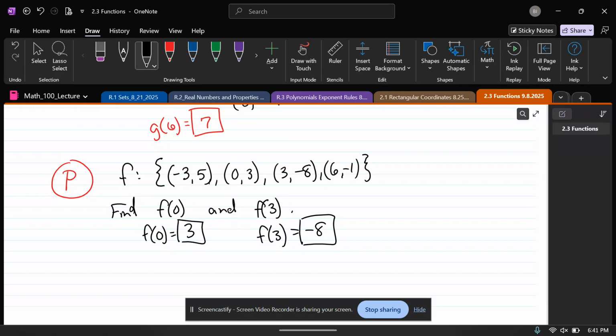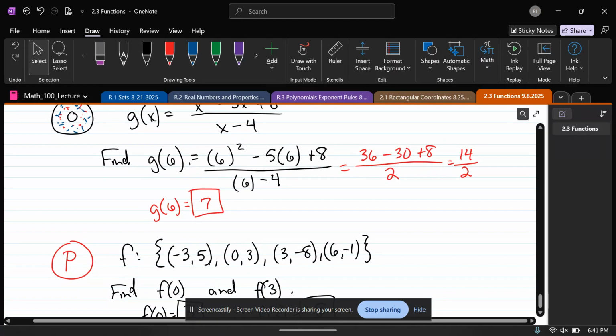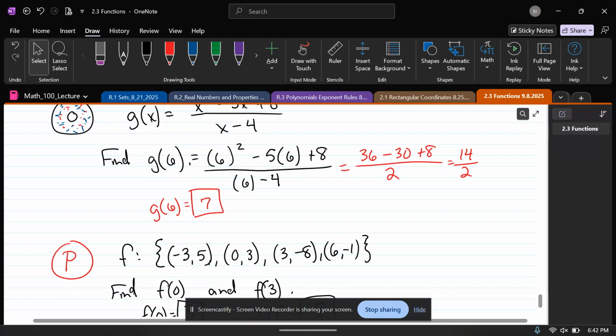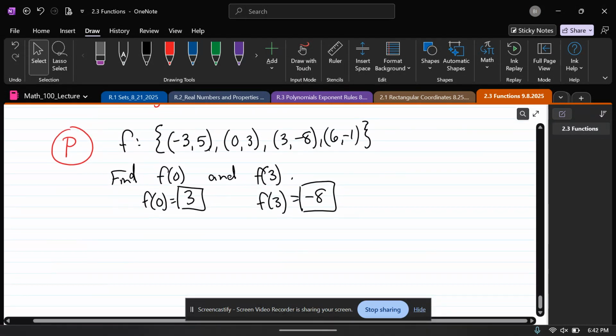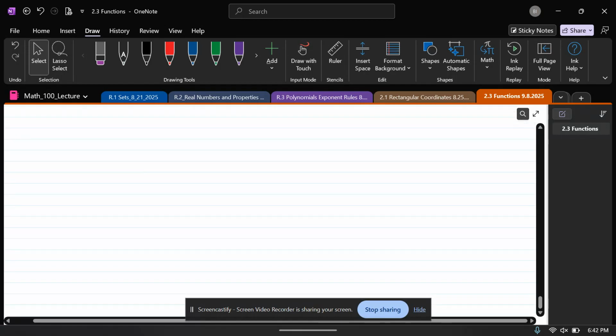The x value is in the parentheses. The y value is what it's equal to. When we were doing that with the donut example, the x value was the 6, the y value was the 7. That's what we were finding. Okay. All right. Function value. Pretty easy thing.